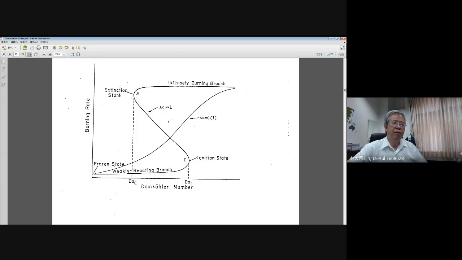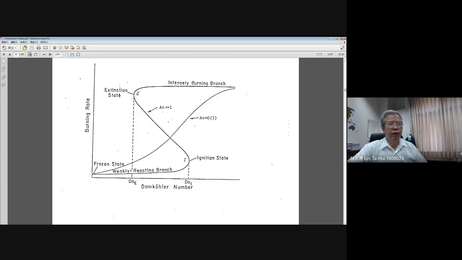But when you have successful ignition, the burning status will change from the weakly reacting state and jump to the intensive burning state. Here I jump to the upper branch. This is the status for the ignition defined by the so-called Damköhler number.